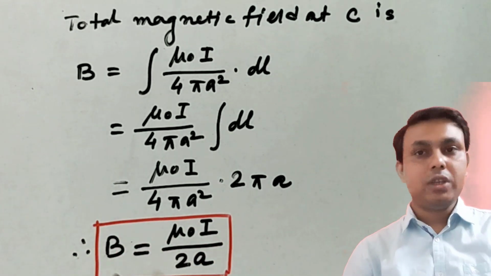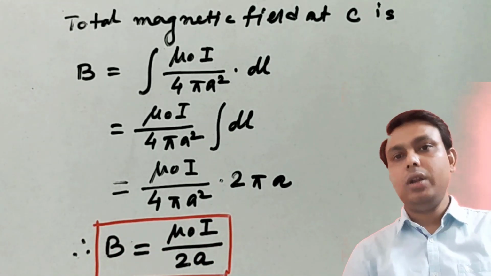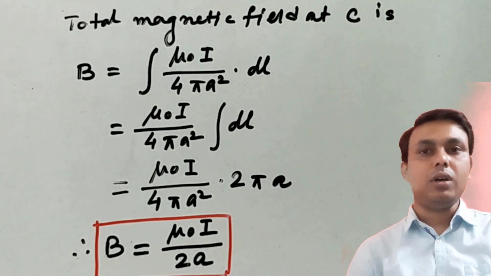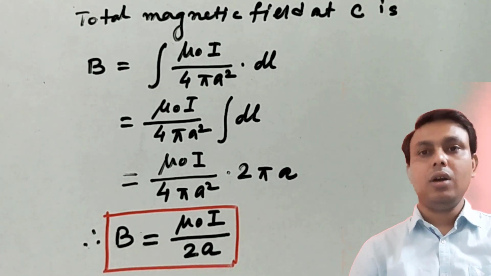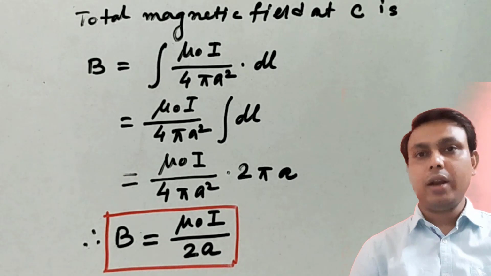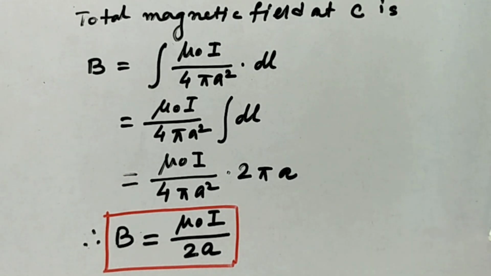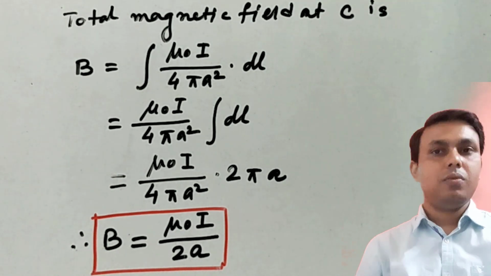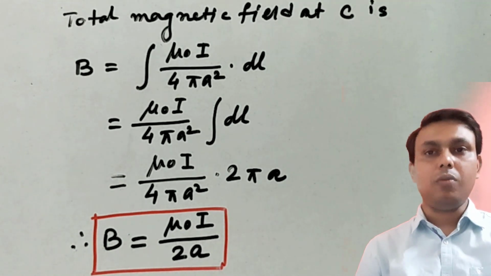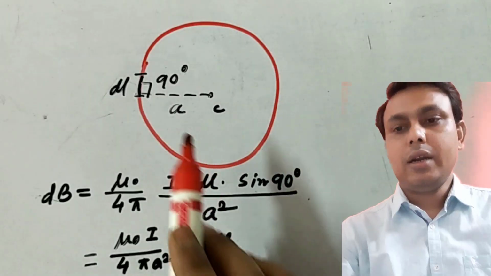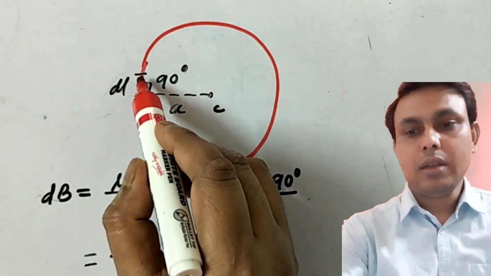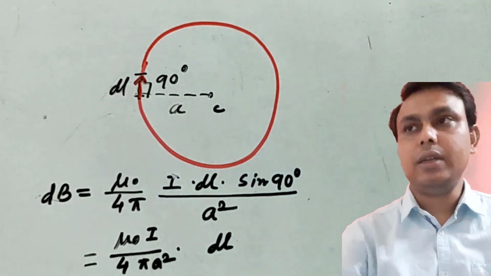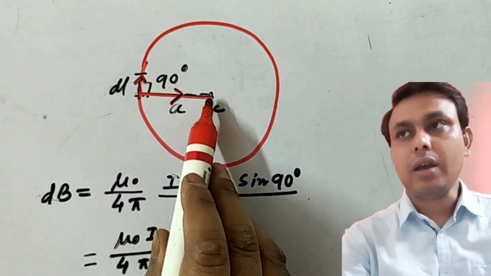Now, from this formula, we are getting only the magnitude of the magnetic field. But we know that magnetic field must have some direction. So how can we find out the direction? We can find out the direction from the vector form of Biot-Savart's law. In this circle, this is dl, this is the line element.